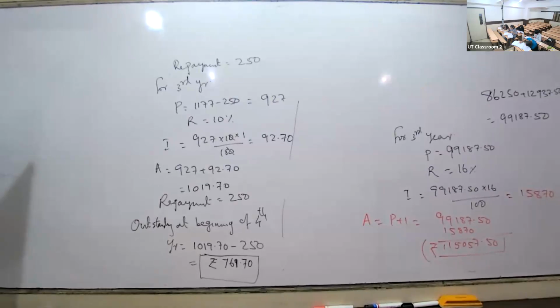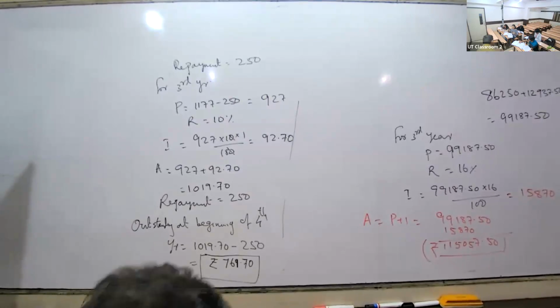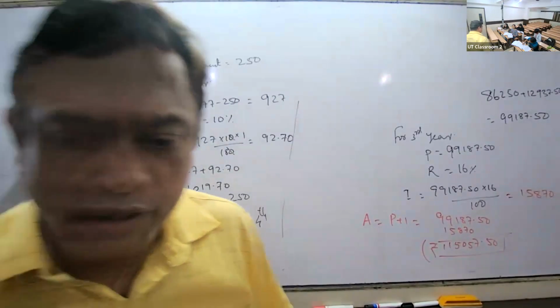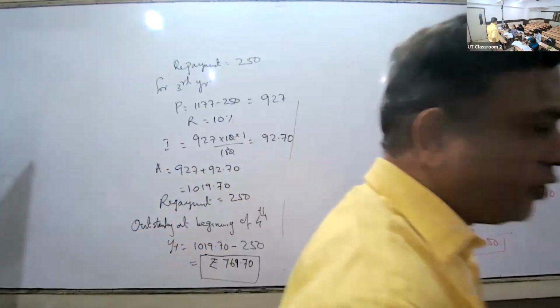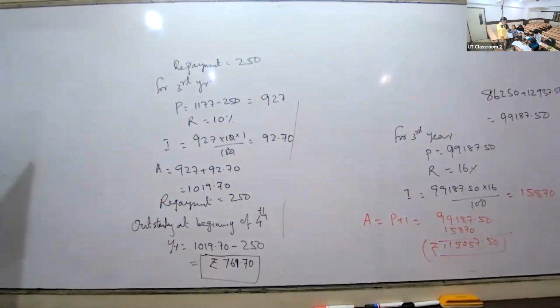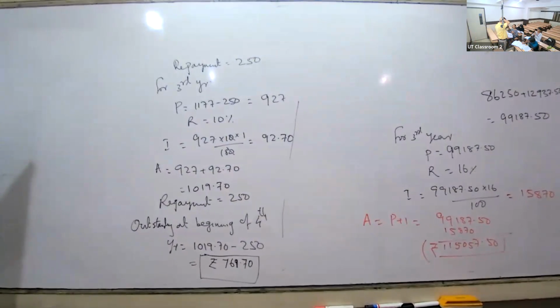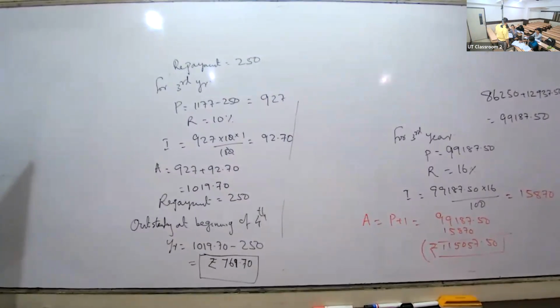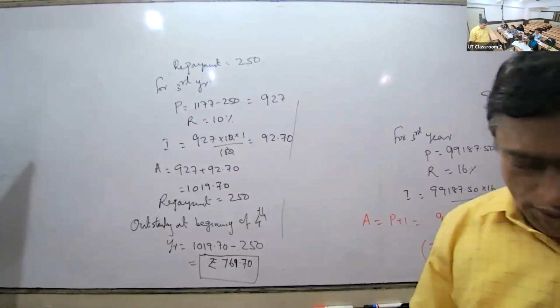The final amount is 19,845 minus 18,000, which is 1845. That is the compound interest.